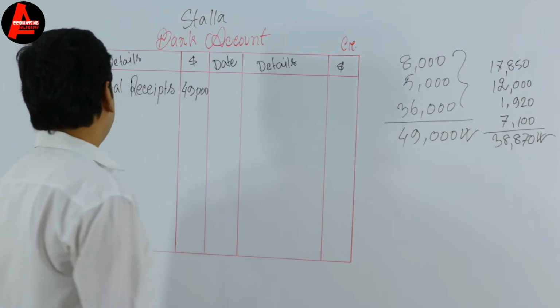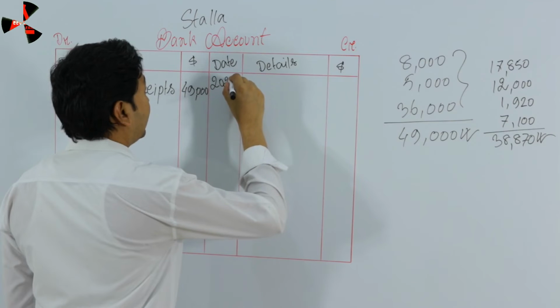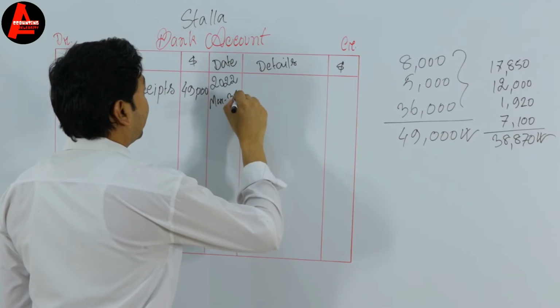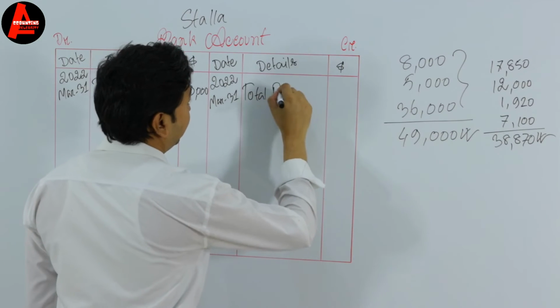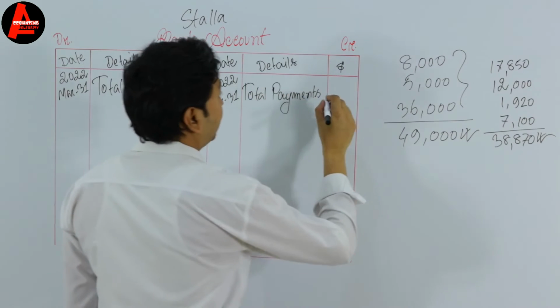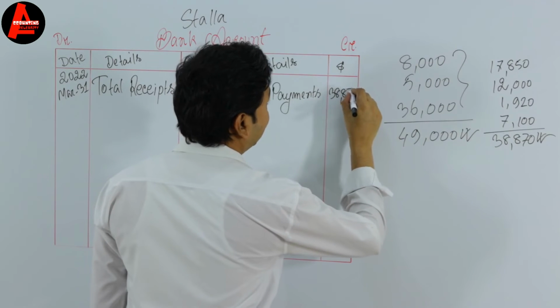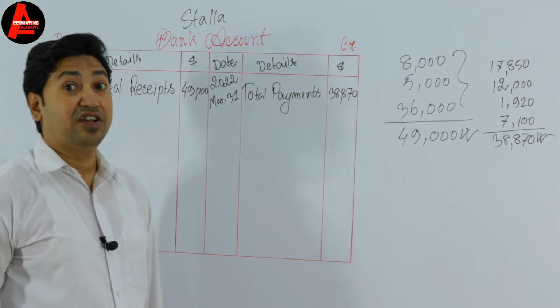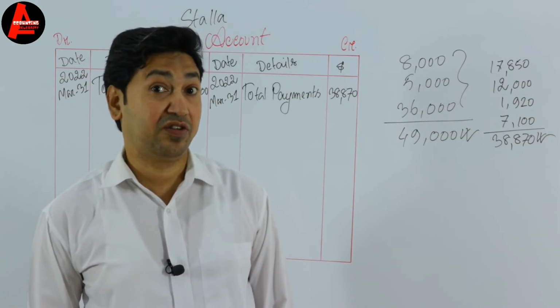We will write on the credit side the date 31st March 2022, and write total payments, which we calculated as $38,870. Great. Now in the question we have the closing balance of this bank account. Let us have a look.